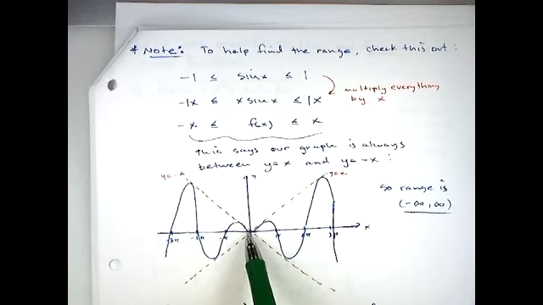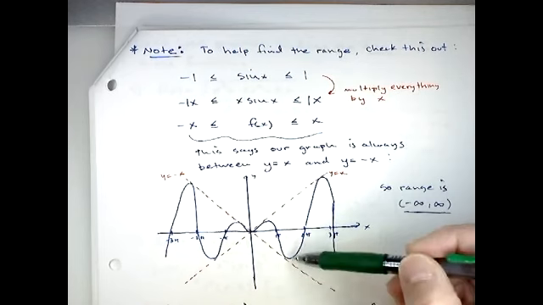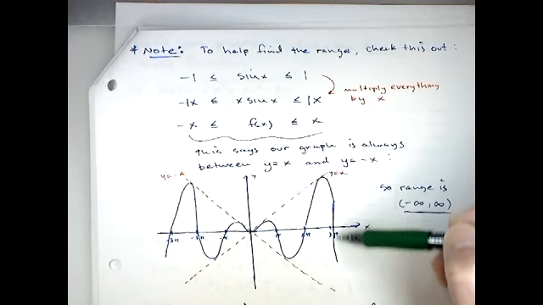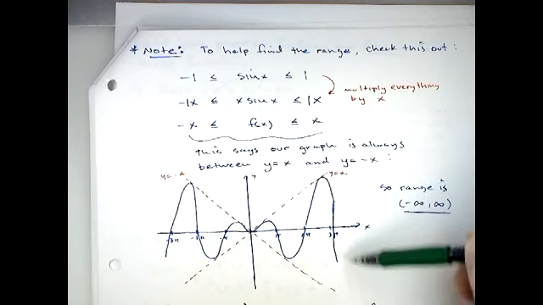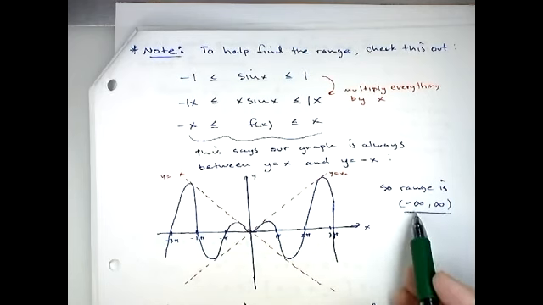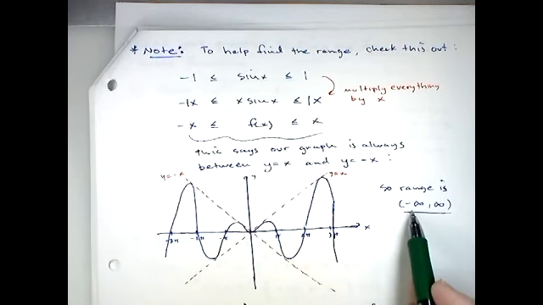So for the graph on the previous page, the magnitude of these oscillations is going to go up until it hits y equals x, and then come down until it hits y equals -x. It's going to keep oscillating between those two lines, which will hopefully convince you that those oscillations will get infinitely big. So our range is going to be from -infinity to +infinity.